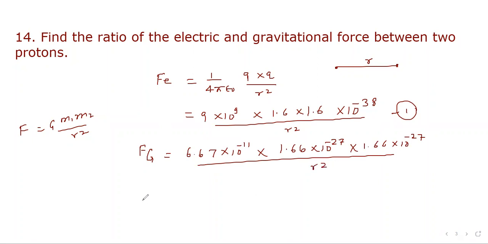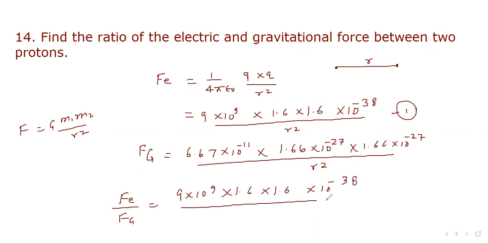If we divide the two, Fe upon Fg, we put the values. So it will become 9 into 10 to the power 9 into 1.6 into 1.6 into 10 to the power minus 38 divided by 6.67 into 1.66 into 1.66 into 10 to the power minus 27 minus 27, sorry, minus 11.